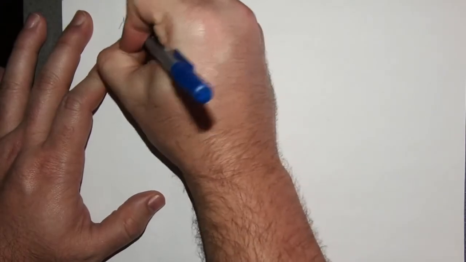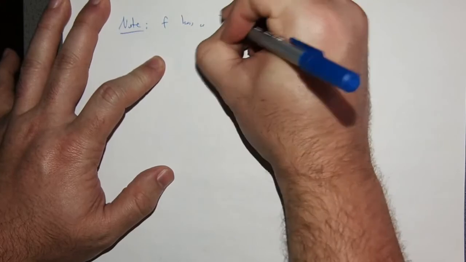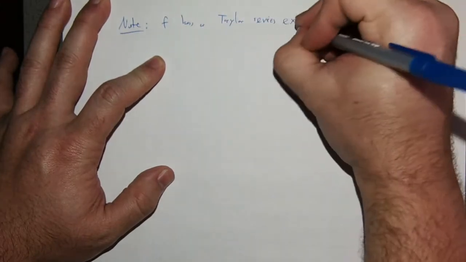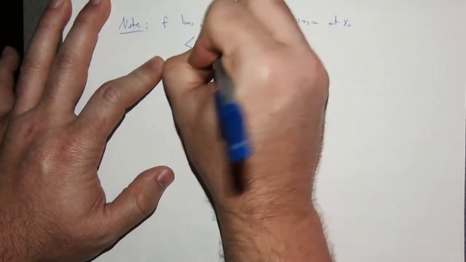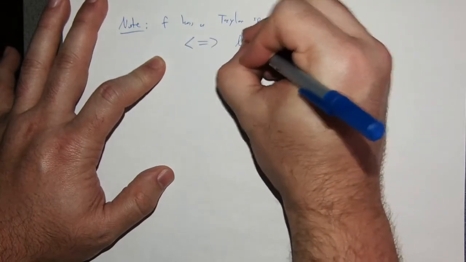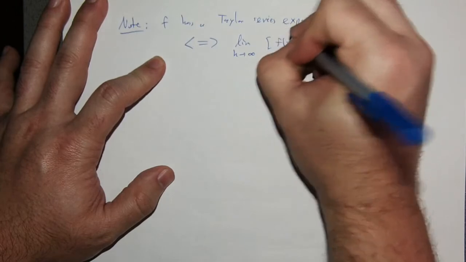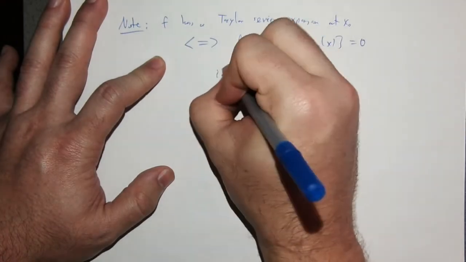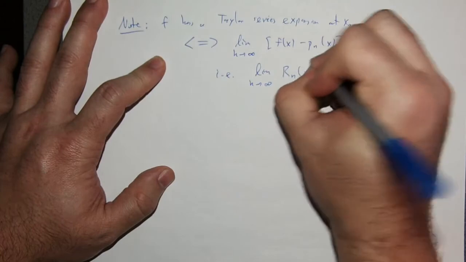So note, f has a Taylor series expansion at x naught if and only if the limit as n goes to infinity of f of x minus p sub n of x is 0, i.e. the limit as n goes to infinity of r sub n of x is 0.